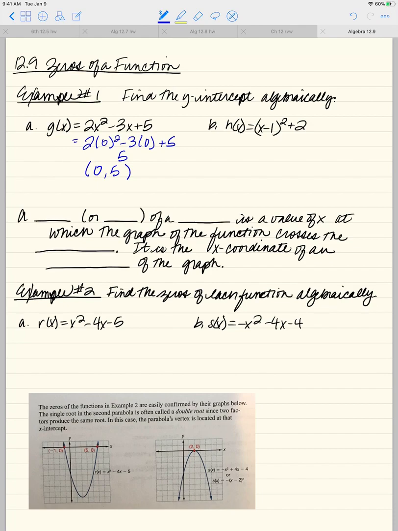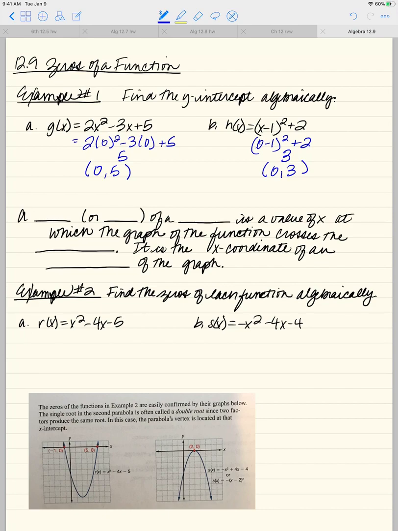B, h of x is equal to x minus 1 squared plus 2. Set x equal to 0: 0 minus 1 squared plus 2, that gives us negative 1 squared, which is 1, plus 2, so that is 3, which means the y-intercept of this one is (0, 3), okay?